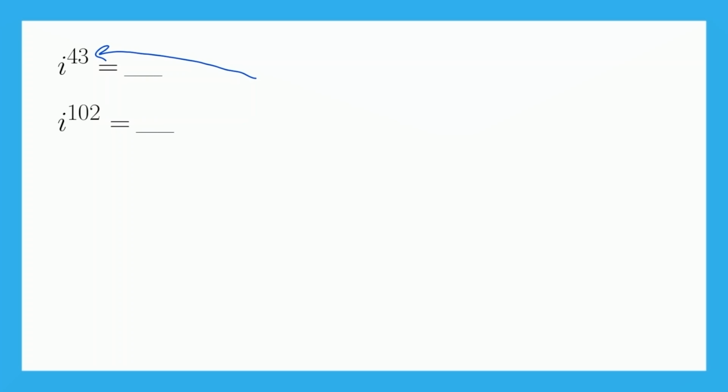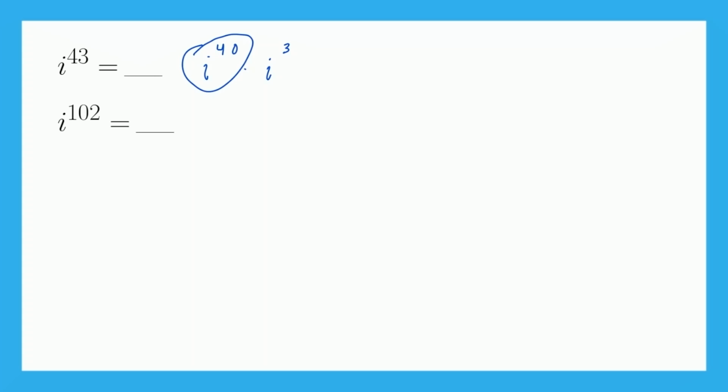Okay, so is 42? No. Is 41? No. What about 40? Yes. 40 divided by 4 is 10, right? So we could rewrite this as i to the 40 times i to the 3. So let's do that. Okay, so once again, what is i to the power of 40? Well, 40 is a multiple of 4, so this entire part of the expression is just 1.